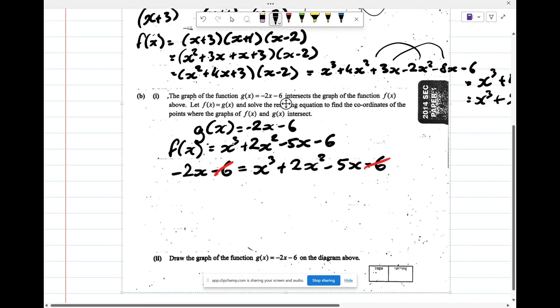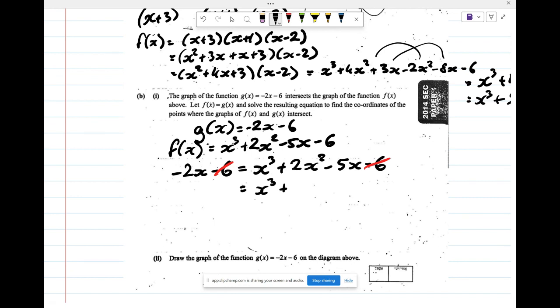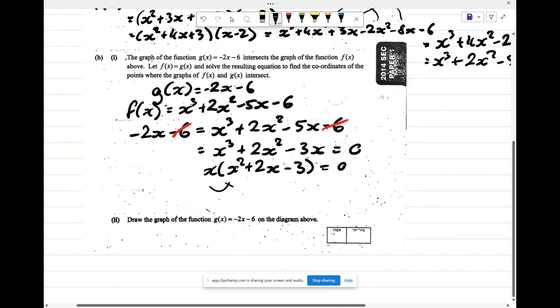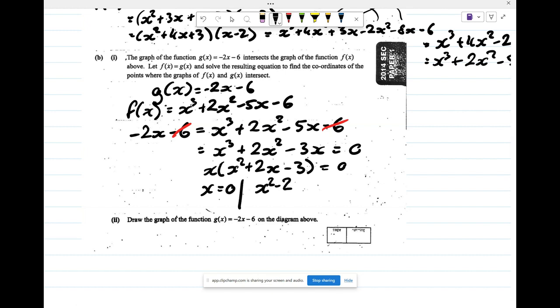And we're going to get a cubic in the form x cubed plus 2x squared minus 3x equal to 0. We can take out x: x times x squared plus 2x minus 3 equal to 0. So the only way these two things multiplied are equal to 0 is if each of them are equal to 0. So it's x equal to 0 and x squared plus 2x minus 3 is equal to 0.